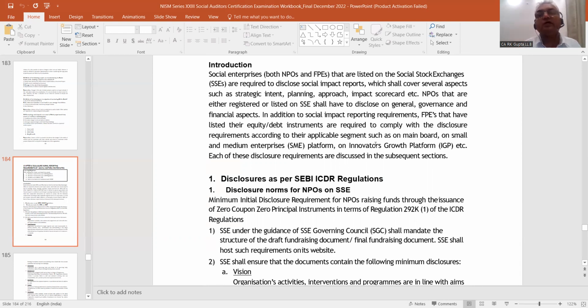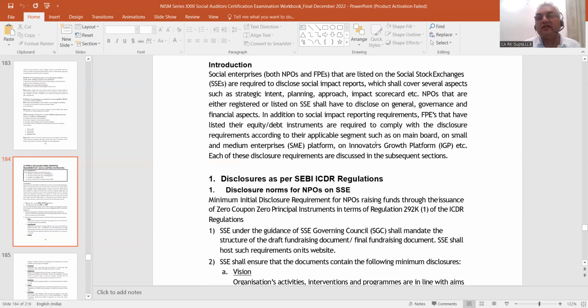Social stock exchanges require disclosure of social impact reports, which shall cover several aspects such as strategic intent, planning, approach, impact scorecard, etc. NPOs that are either registered or listed on the social stock exchange shall have to disclose on general, governance, and financial aspects. These are the three aspects. They can frame a question on this also: general, governance, and financial aspects.